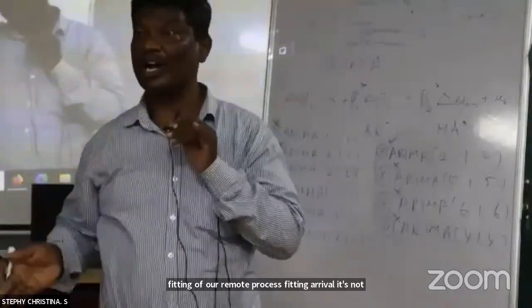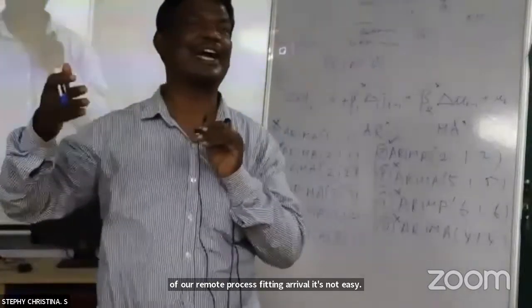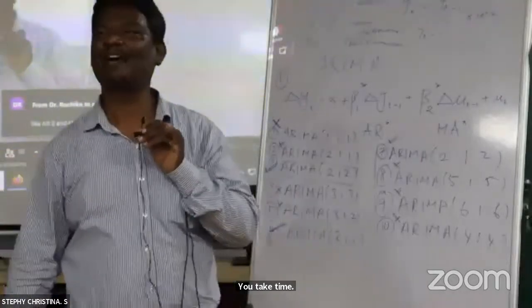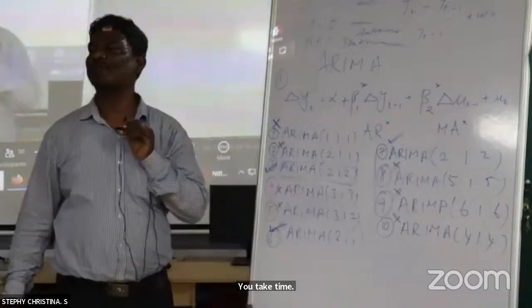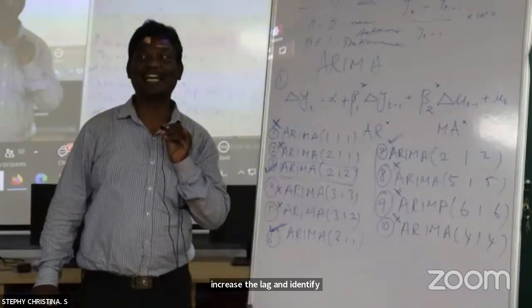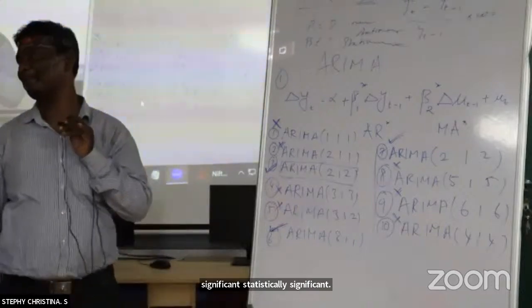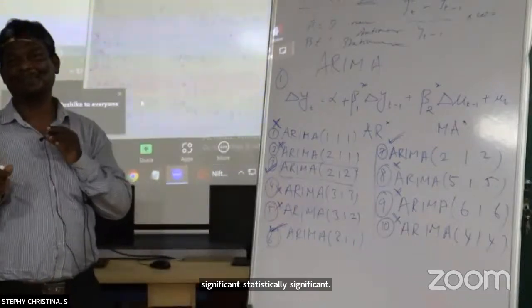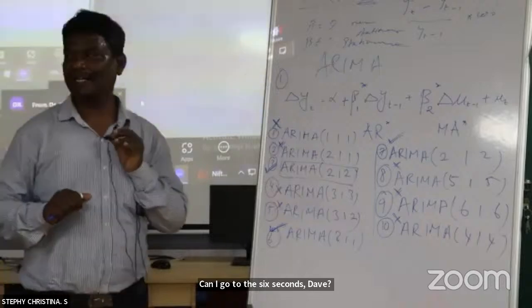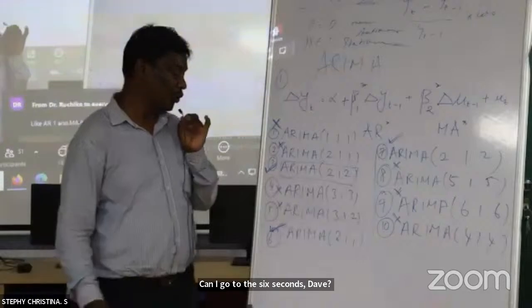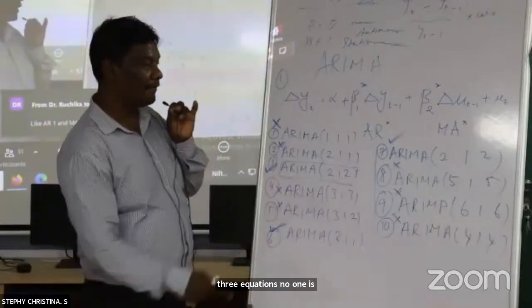Sir, why can't we increase more? It's up to you. You take time. Increase the lag and identify that both the coefficients should be statistically significant. Can I go to the second step? Three equations. No, one is 212, 311.